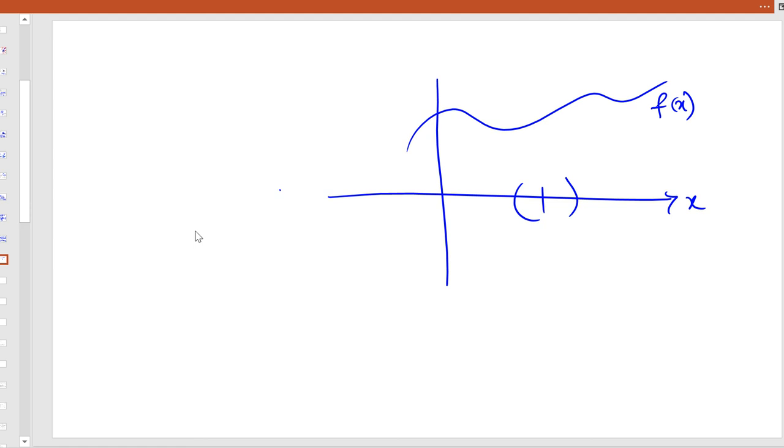So here, what is happening? A minus delta, this is a, and a plus delta. This is the x value. The x value changes, x1, x2, and so on. When x approaches a, what happens to the limit of the value?